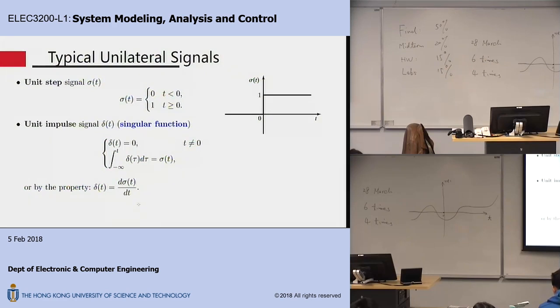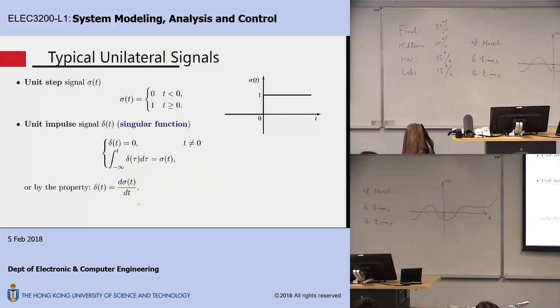Okay. First of all, it's zero everywhere, except at time 0. But at time 0, something strange happens. If you integrate from minus infinity to t, well, if this t is less than 0, you see what happens.